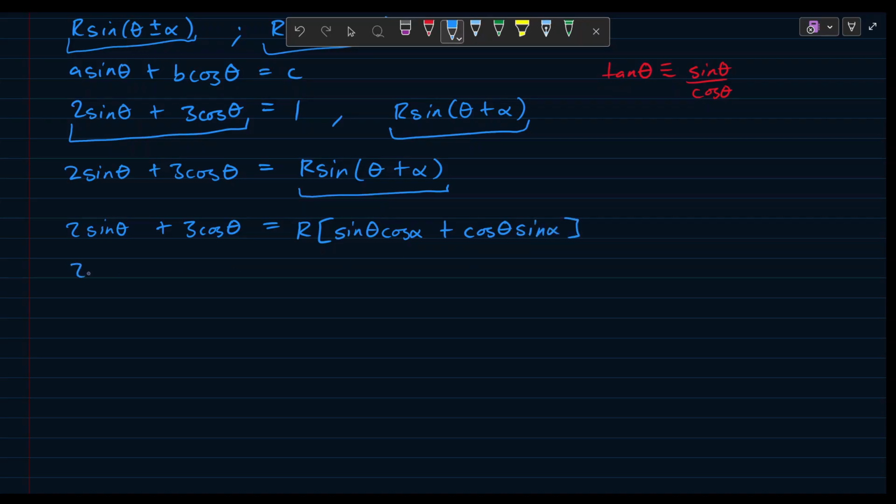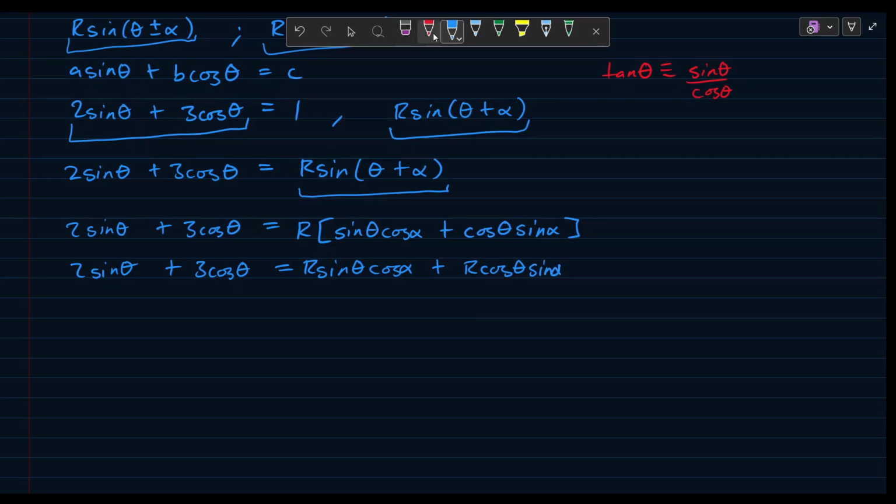So 2 sine theta plus 3 cos theta is equal to, multiplied through by r, r sine theta cos alpha plus r cos theta sine alpha.